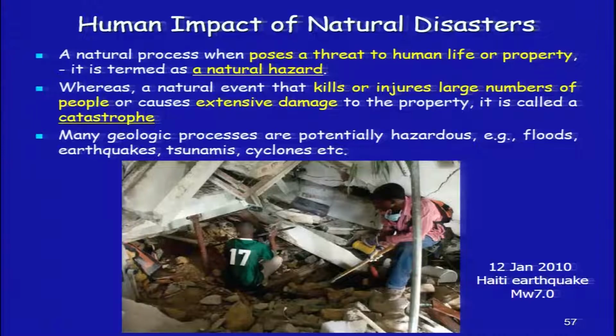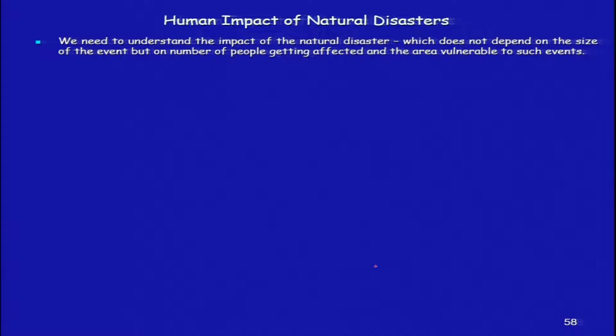Of course, the magnitude of any event, either flood, earthquake or tsunami, is extremely important, because that will tell us what area is going to be affected. But at the same time, if even smaller magnitude events affect a large number of people, then that event is more disastrous than even large magnitude events.